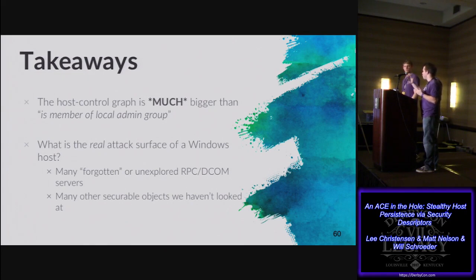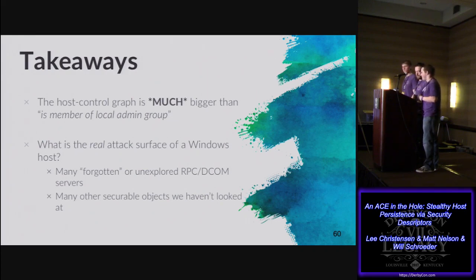Yeah, so some of the takeaways: the host control graph is much bigger than just having local admin to a machine. When you think of BloodHound and that whole pathway to domain admin, it's much more than just having local admin. It's do you have control over Service Control Manager? Do you have control over remote reg? Do you have control over WMI?